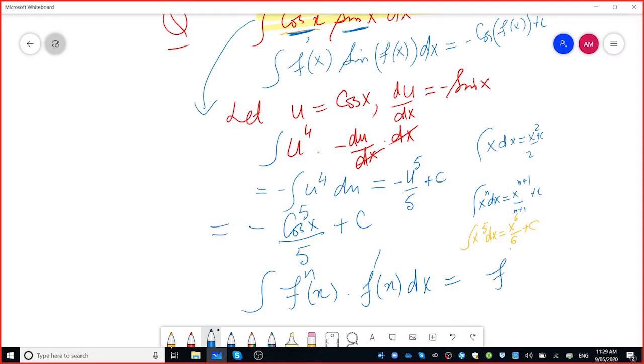It is f(x) to the power of n plus 1 over n plus 1 plus c. Do you remember this formula or have you forgotten it? I think I remember it, yeah.